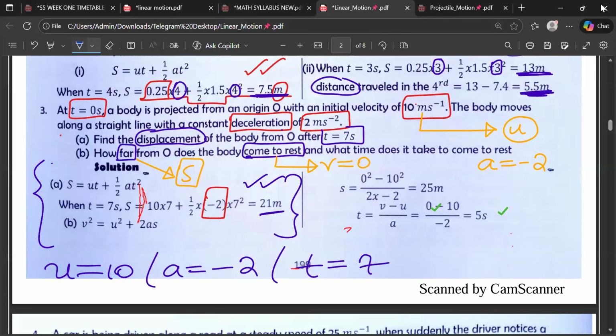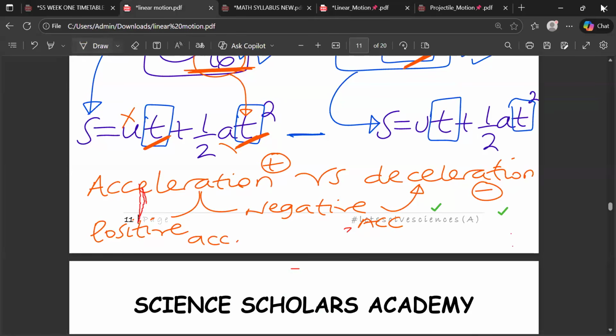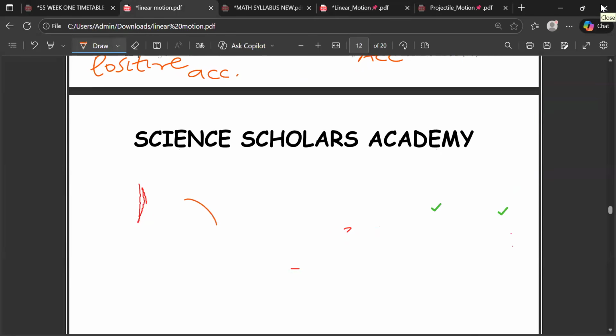Which equation of motion can help me get S, when I have my U as 10, my V as 0, and my A as negative 2? The third can help. The third is this one: V squared equals U squared plus 2AS.